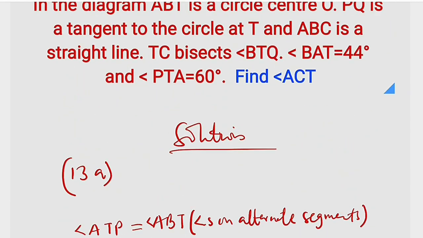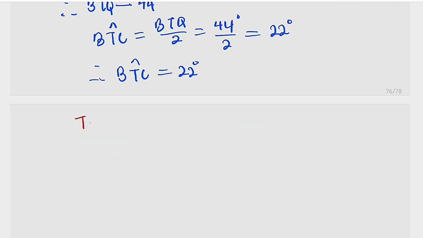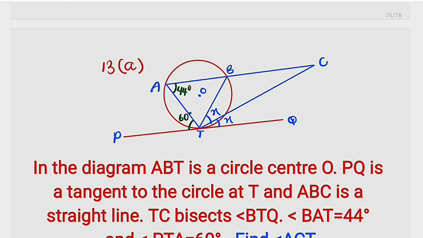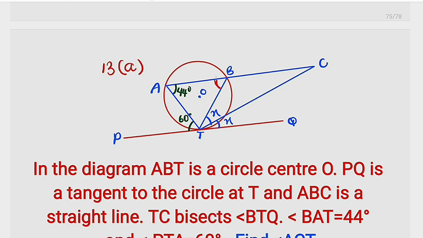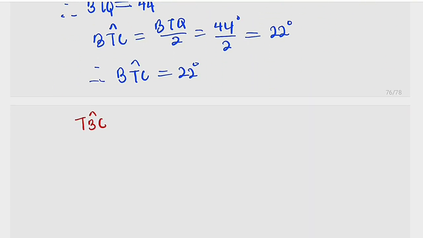We are almost done. Then we also need to find this particular angle, which is TBC. Angle TBC will be equal to 180 minus this angle, right? It is equal to 180 degrees minus ABT. Why?